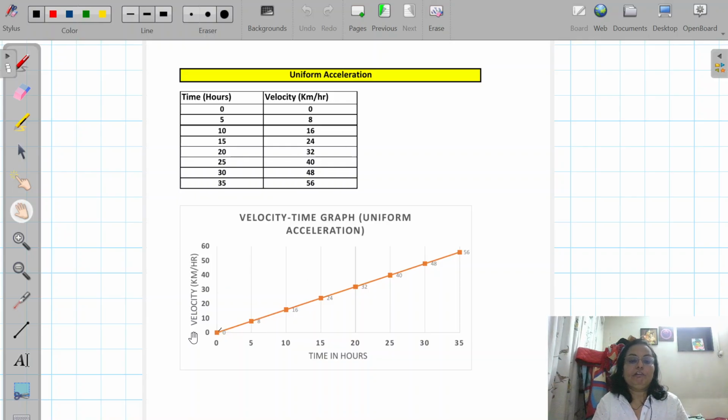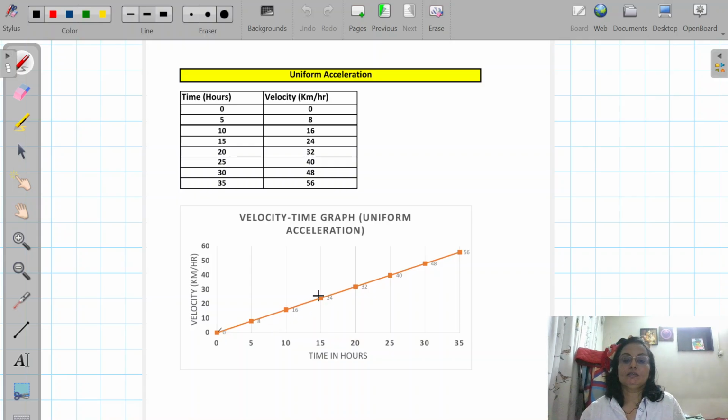So if we plot a graph between velocity and time, where velocity increases with time, we say that this is uniform acceleration. The velocity is changing with time.